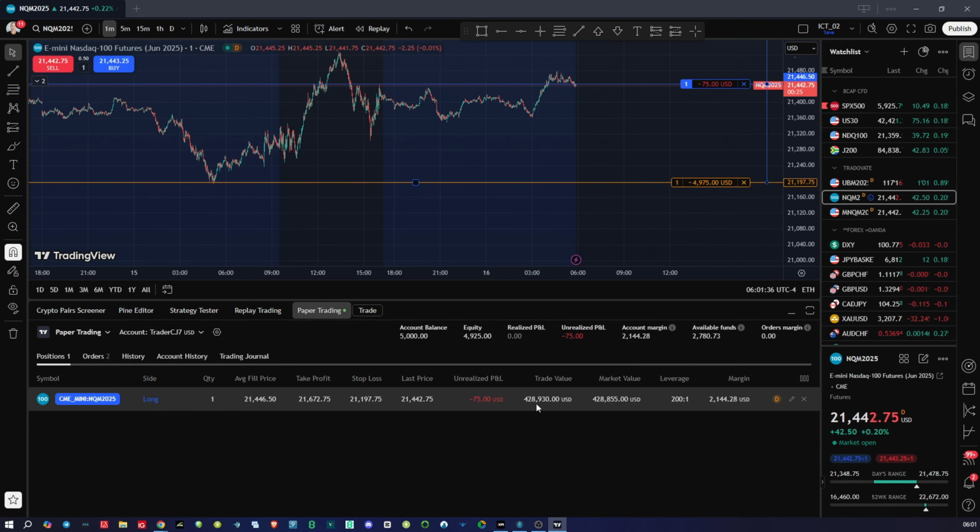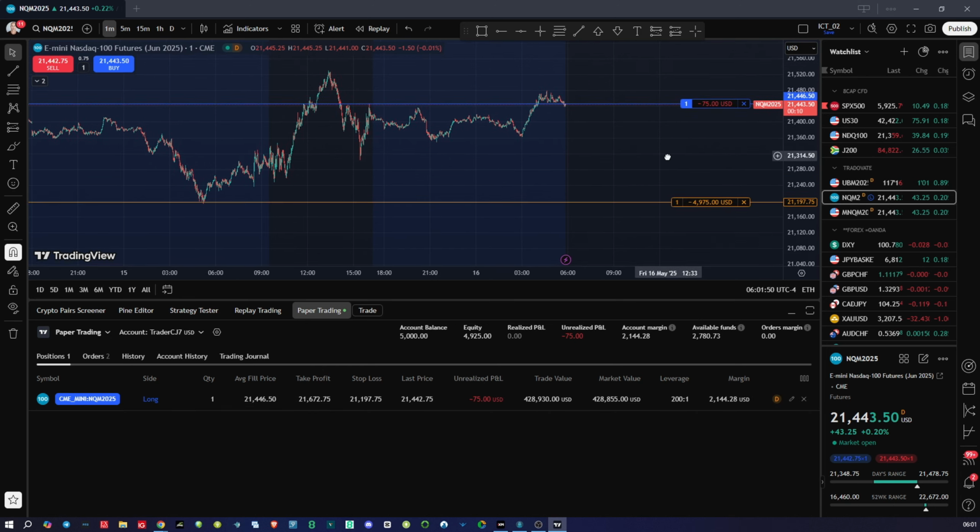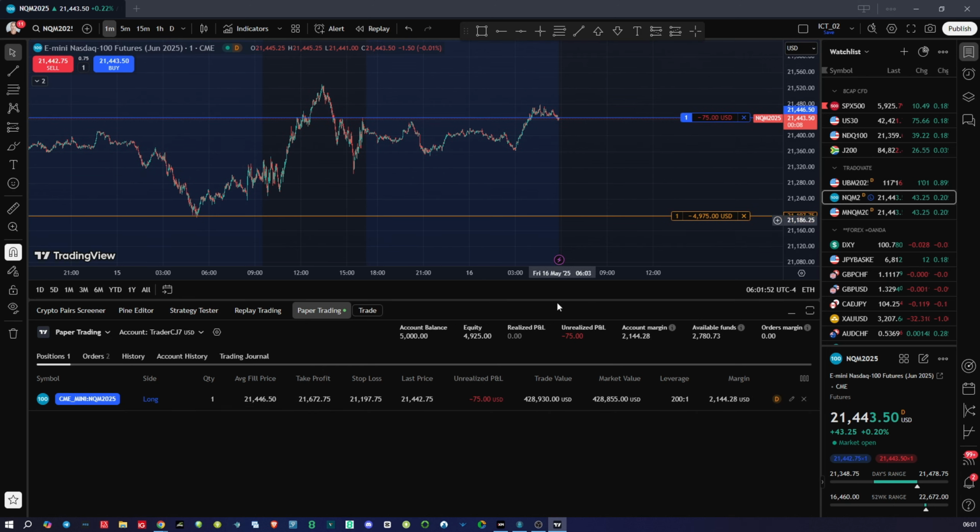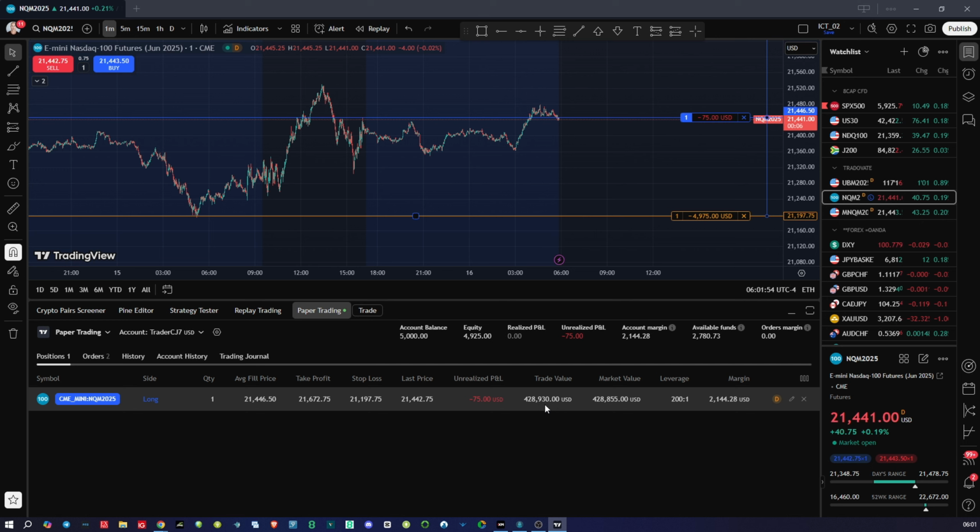The trade value is 428,930. That's the full US dollars you need to put down in your account to hold the position. The only way you're going to wipe your account is when price goes to zero.